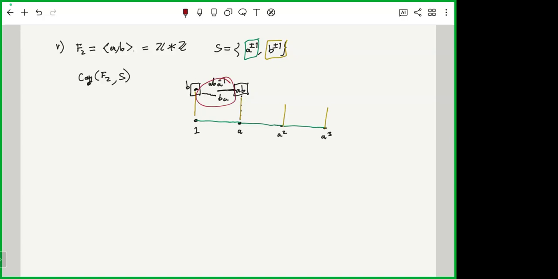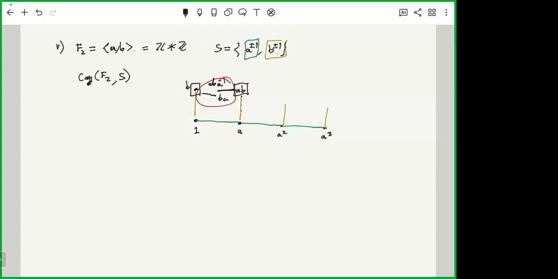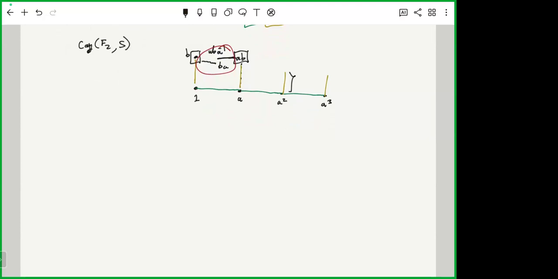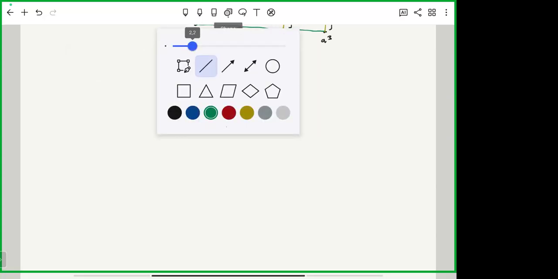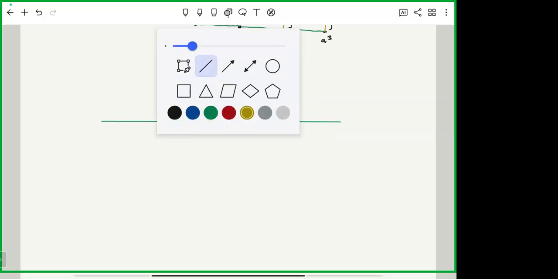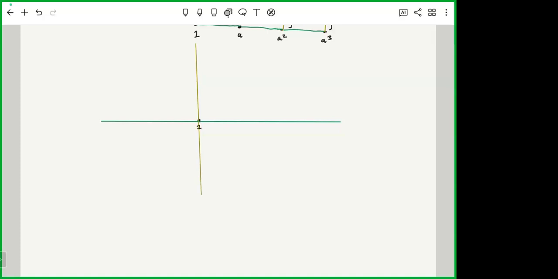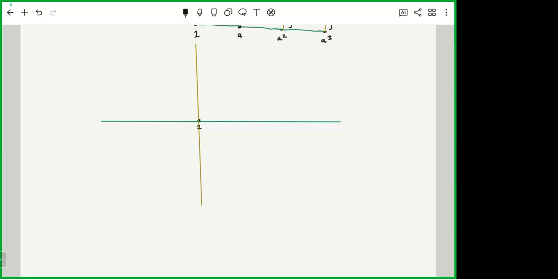So what we usually find in the literature to represent this Cayley graph is the following. We are shortening these edges. So the further away I move, the shorter these edges will look. So here's what we usually do. I start with the identity element. In horizontal lines, I will move in the direction of A or its inverse. In vertical lines, I will move in the direction of B or its inverse.